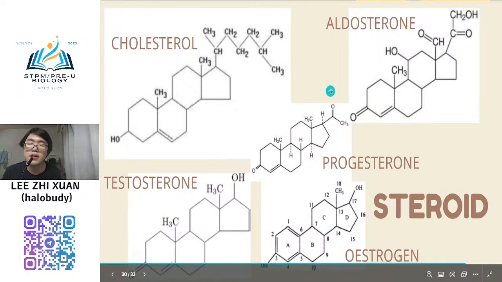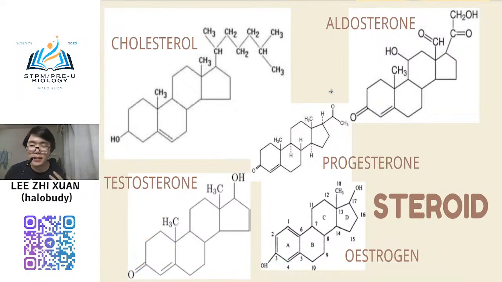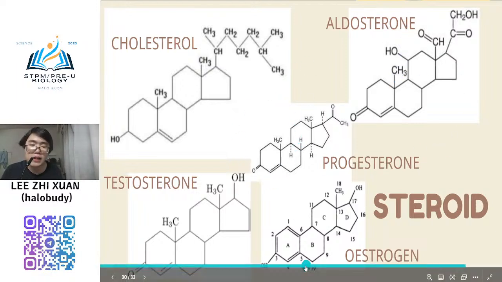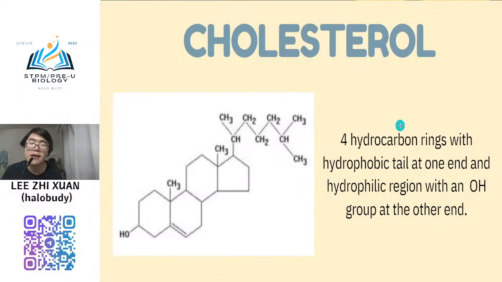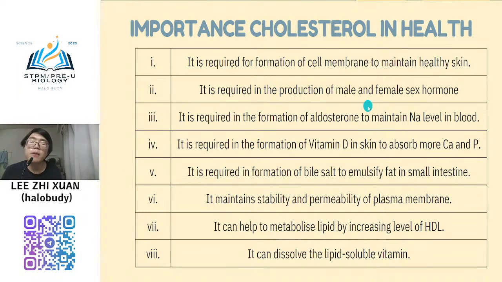So, in a simple way, cholesterol can undergo certain chemical or enzymatic reactions to convert into all these. That is why it can produce male and female sexual hormones, including the formation of testosterone.